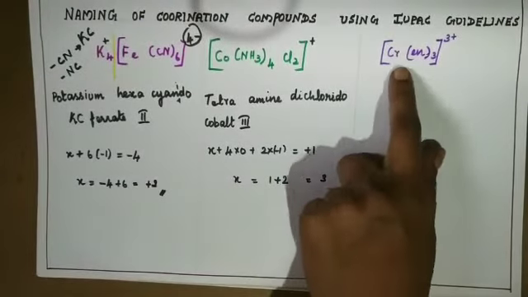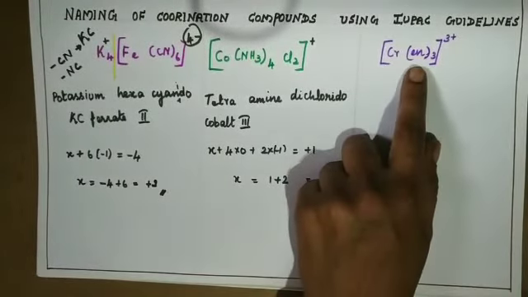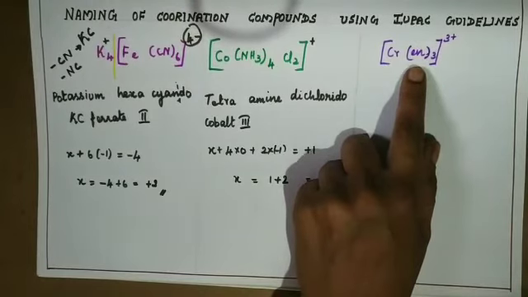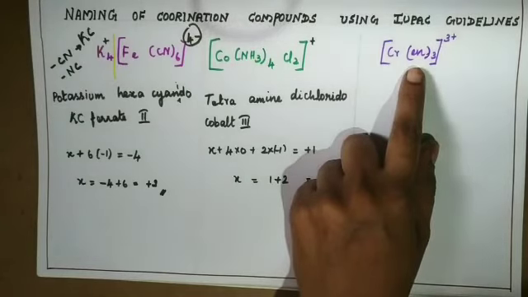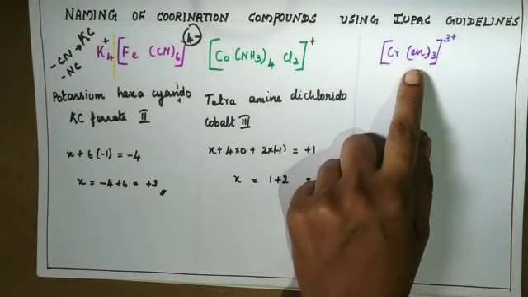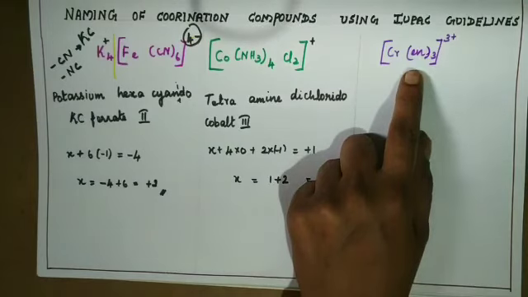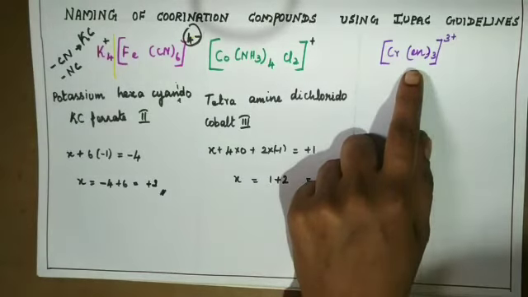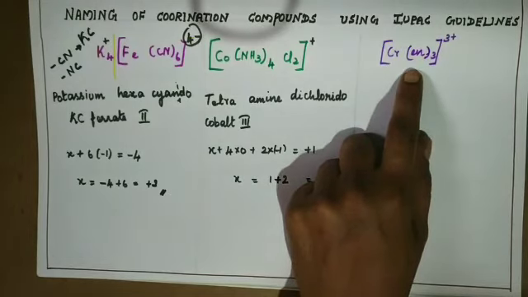Ethylenediamine, otherwise we write it as ethane-1,2-diamine. This ligand name includes a di value. Already we learned the rule: when the ligand name already includes di or tri words, we use another way: bis, tris, tetrakis.